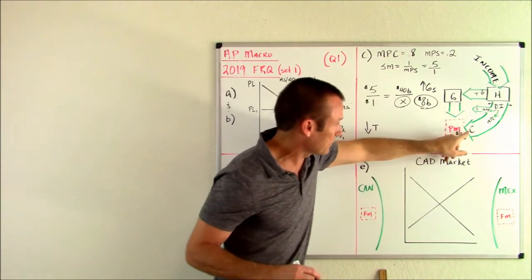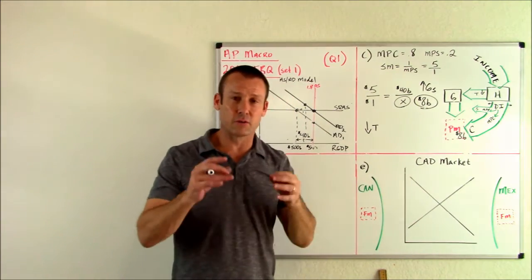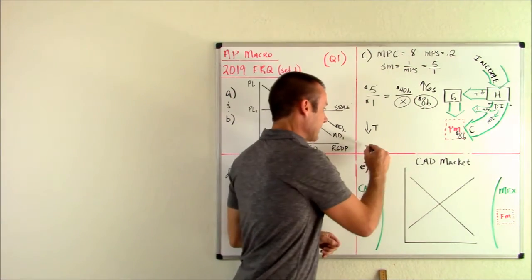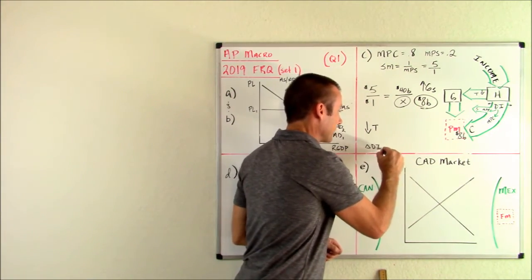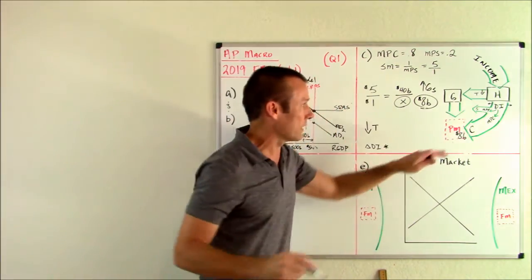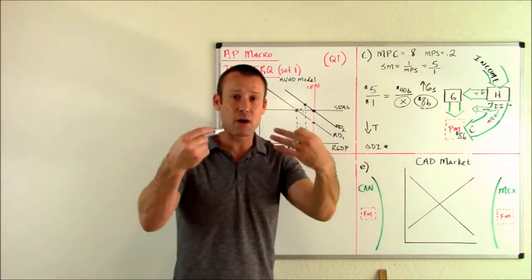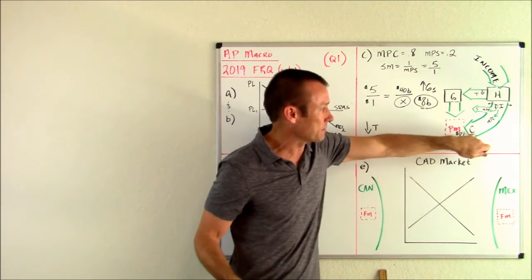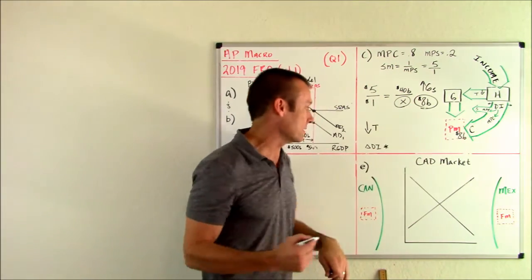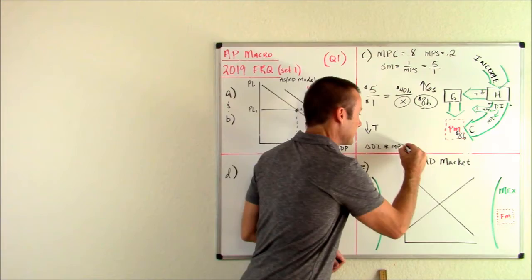How much do I need to make it here? $8 billion. So here's the idea, guys. I need a change in disposable income times what? So I need my DI to change by what to get my spending, my consumption to change by $8 billion times my MPC, right?